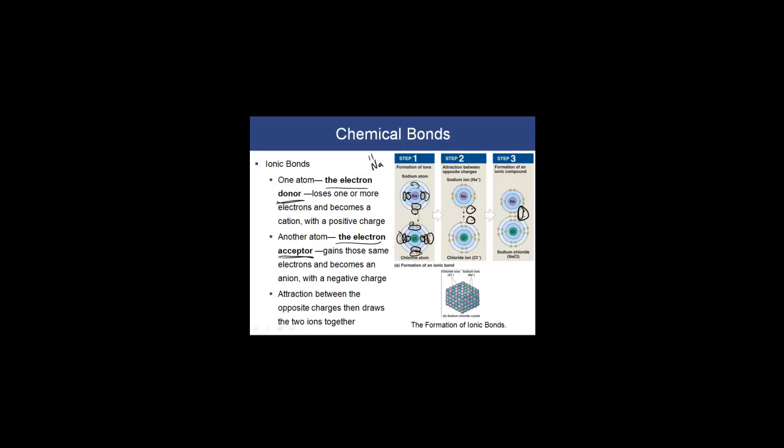An ionic bond forms when one atom donates an electron to a second atom, which is the electron acceptor. You get the formation of a cation, which is a positively charged ion, and an anion, which is a negatively charged ion, and you get the formation of an ionic bond.